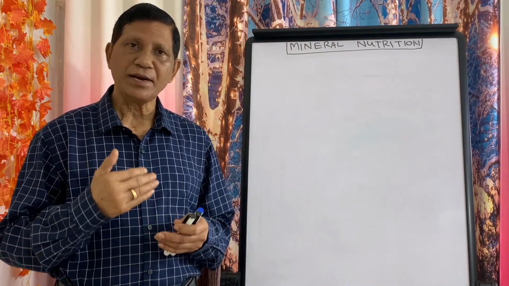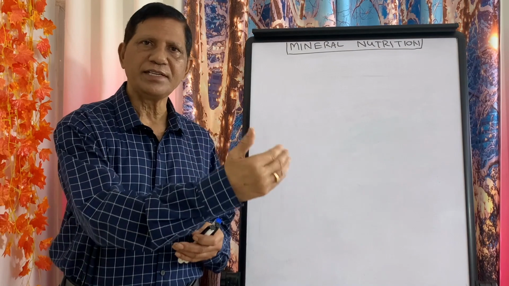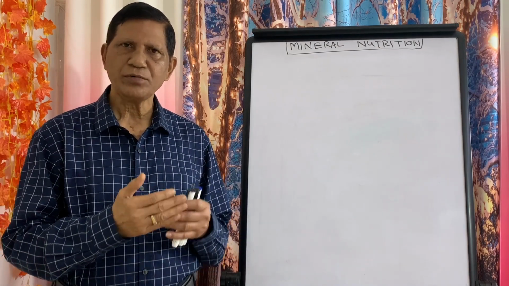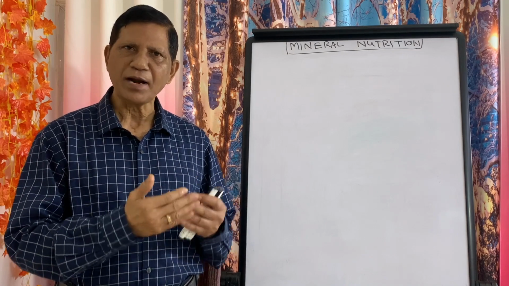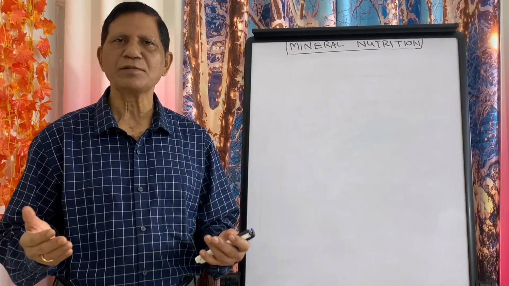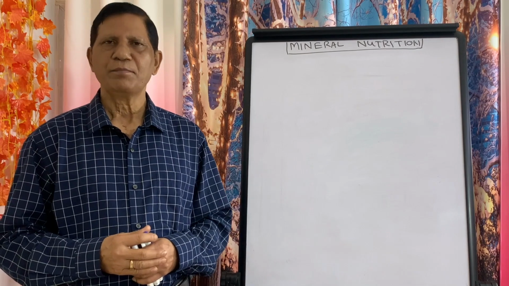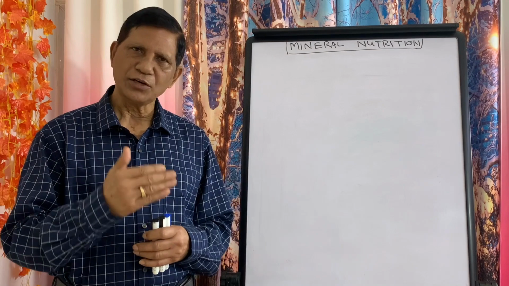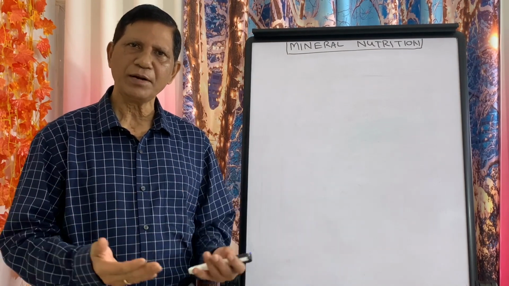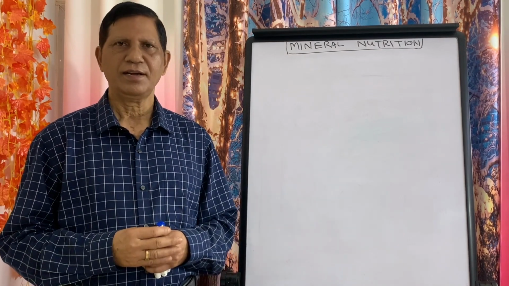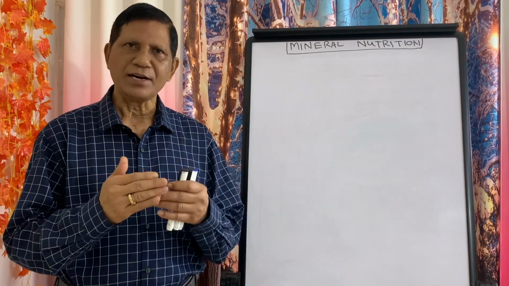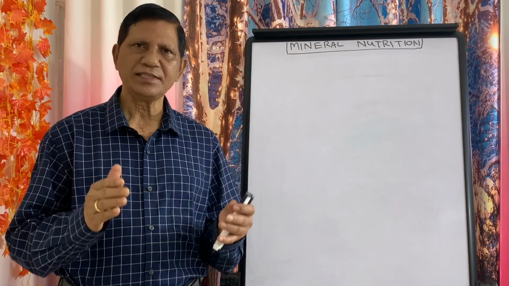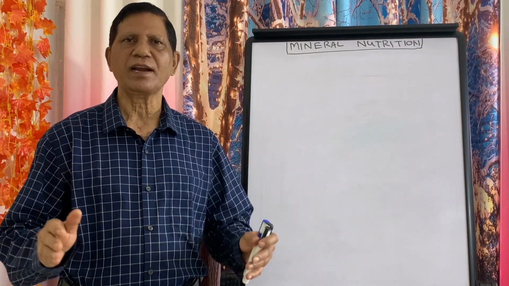And the doctors advise us to take leafy vegetables, fruits and nuts. These are all plant products. That means when we are taking different types of plant products, we are getting these different types of minerals. But where do these plants get these minerals from? It is also required by them for the different metabolic reactions. So the plants take it from the soil, because soil is the reservoir of different types of mineral ions.